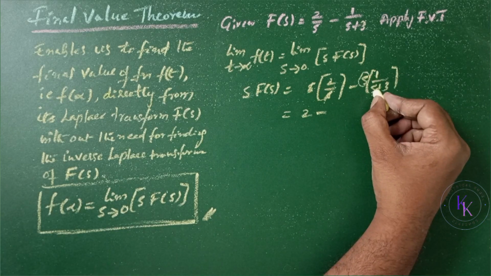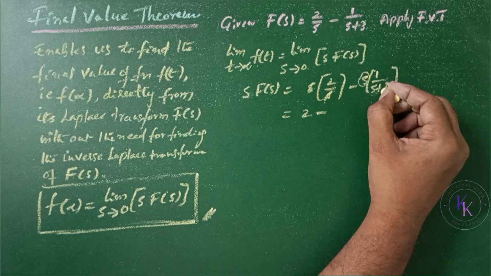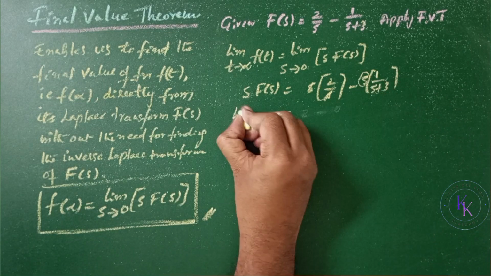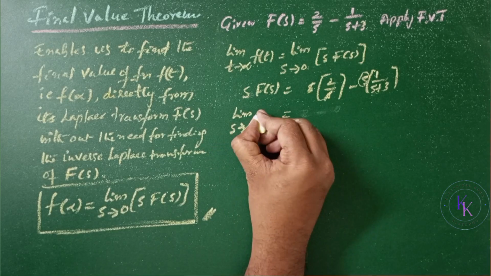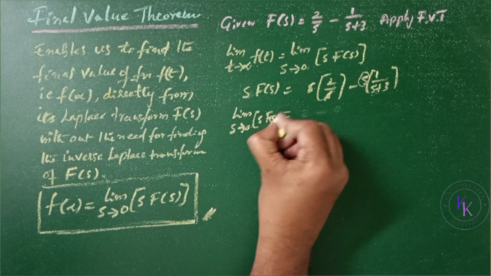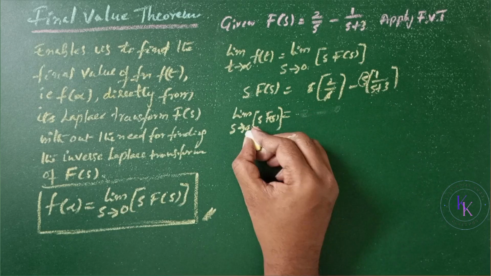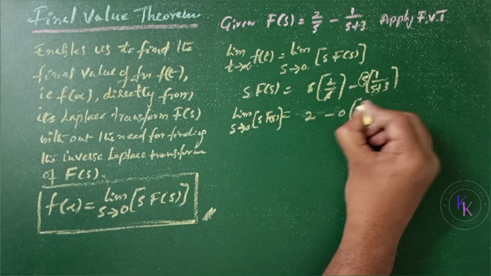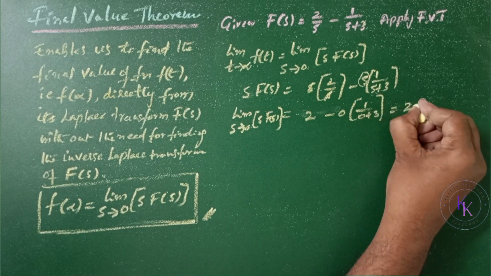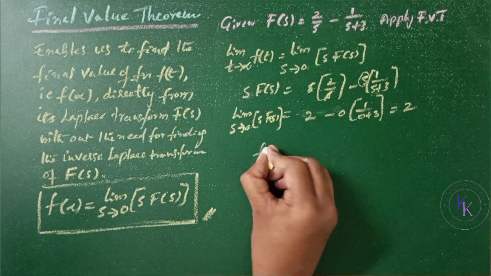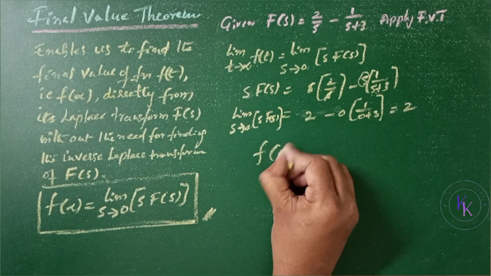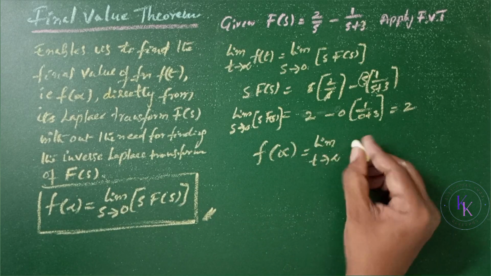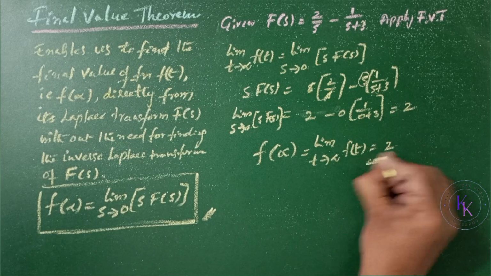But in the final value theorem, we don't need to take s as common; you can directly substitute the value of s. Limit s tends to 0 of s F of s equals, substituting s equals 0, 2 minus 0 of 1 by 0 plus 3, that equals 2. So from the final value theorem, f of infinity, that equals limit t tends to infinity of f of t, equals 2.